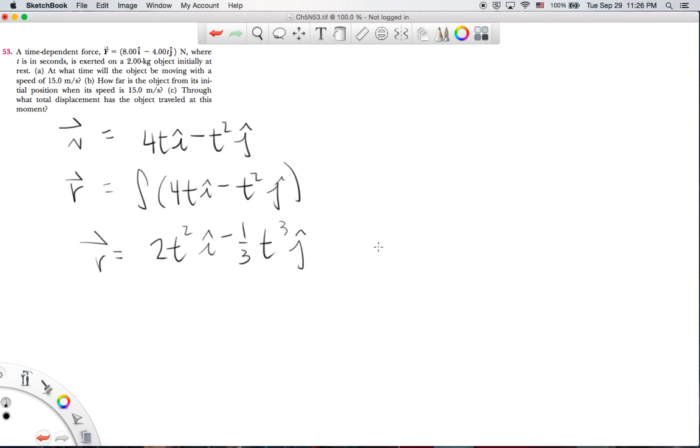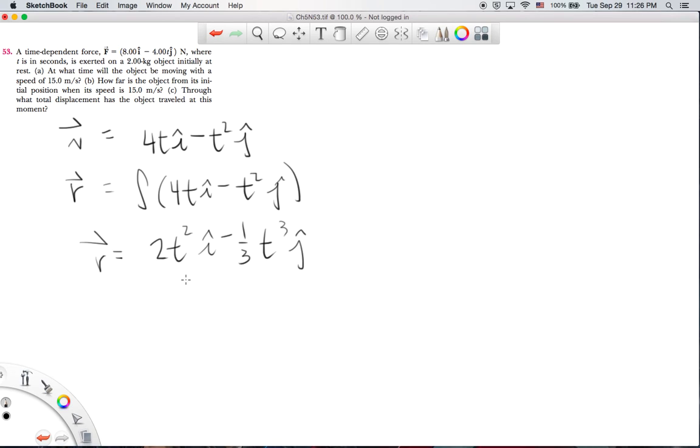And there's no constant because when you plug in 0 for t, you get 0, and we can say that our initial position was 0. So no constant. And then you plug in 3 because we know that the time is 3 seconds when the object is at 15 meters per second.